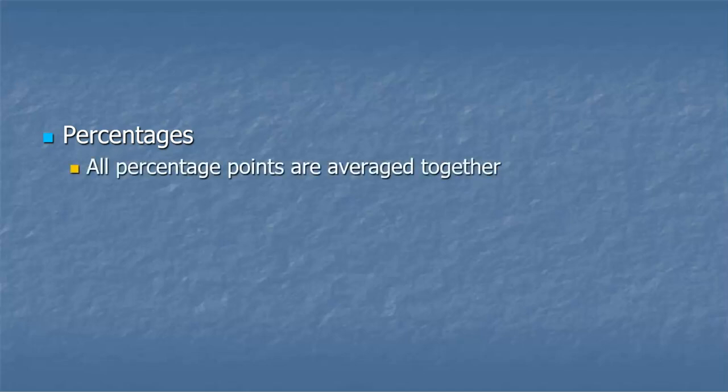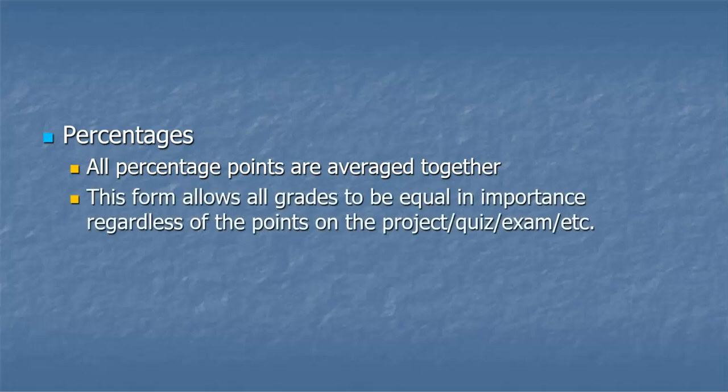Now let's compare that to percentages. In percentages, for course grades, all the percentage points are averaged together. This allows all the grades to be of equal importance, regardless of how many points are on it.